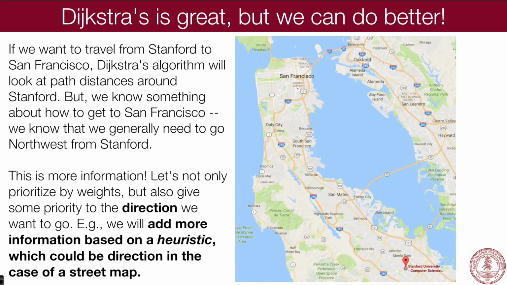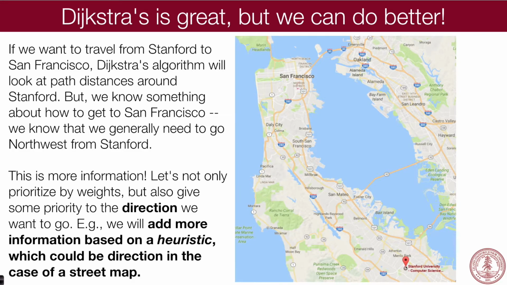Okay, so take an example of going from Stanford University to San Francisco. Well, we know by virtue of the fact that we understand maps and how they work, we have got to go northwest. Okay, the idea is from Stanford, you're going to go northwest. Well, what we do in this other algorithm that we're going to call A star is that we say, wait a minute, don't just use the priority of the particular neighborhood.